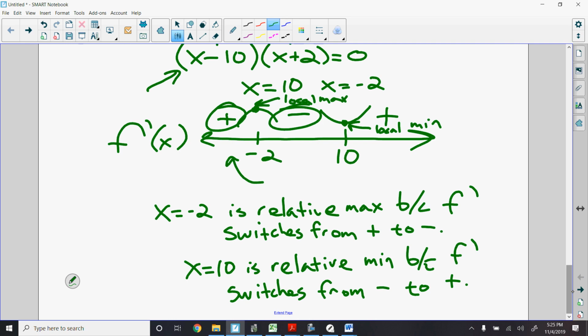Okay? Now, we can graph our original function here and see if that jives with it. So let's do that quick.